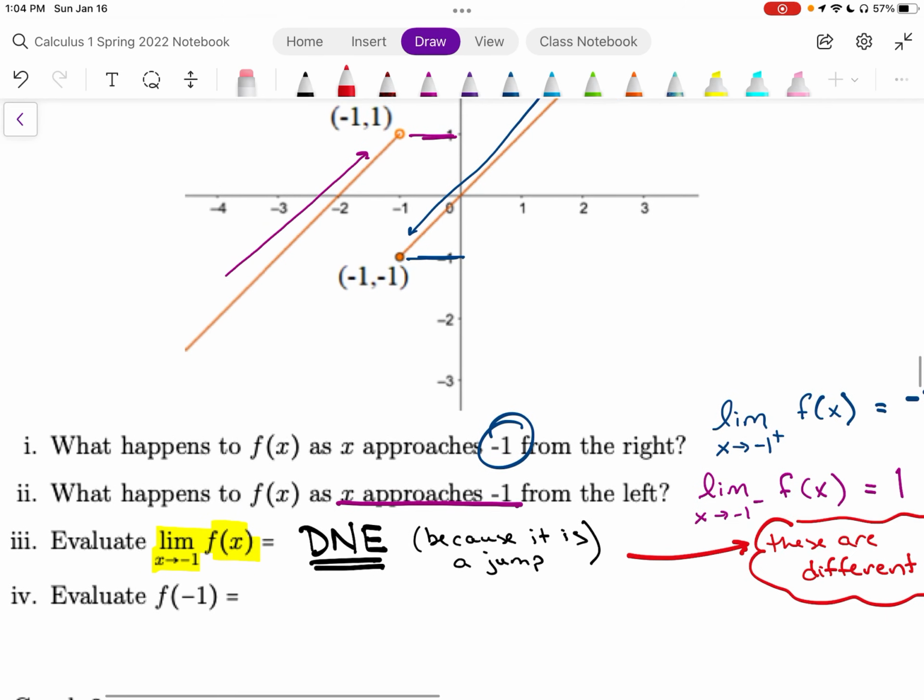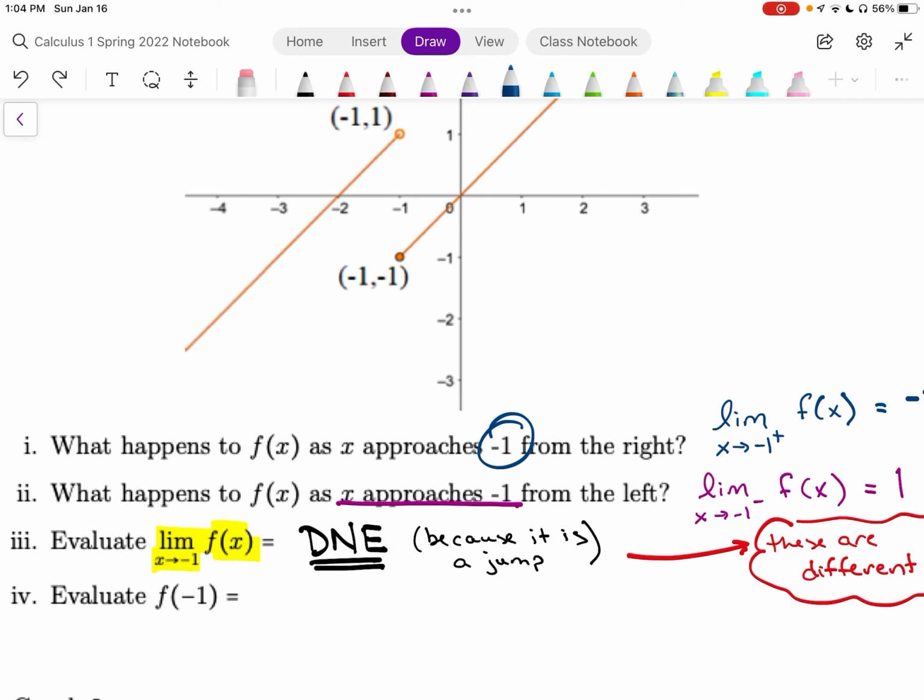So now the last thing is evaluate f of -1, just like you would have before you learned limits. Okay, so I'm going to go erase some of this stuff here so we can just think about what is the value of the function when we plug in -1. Where is there a point? So think about that. Where is it? And that is right here. Okay, so because it's solid, there's a solid point right there.